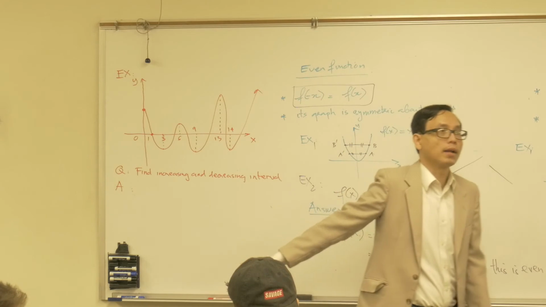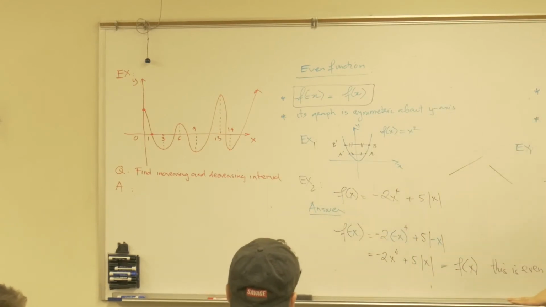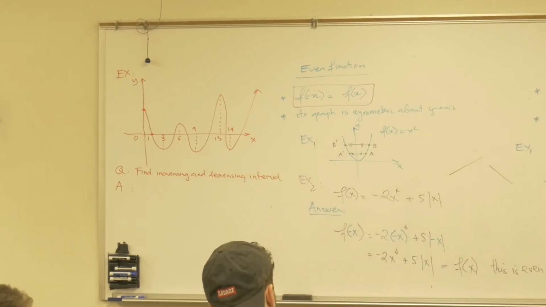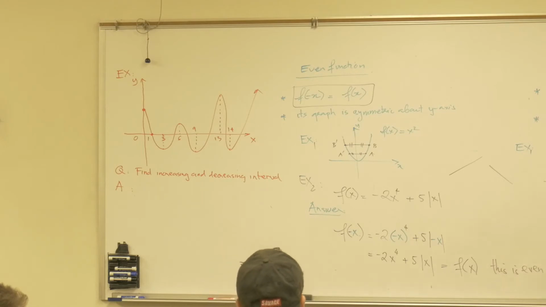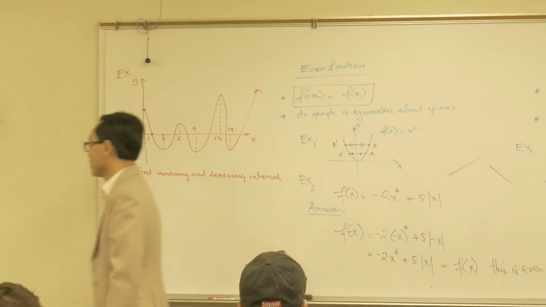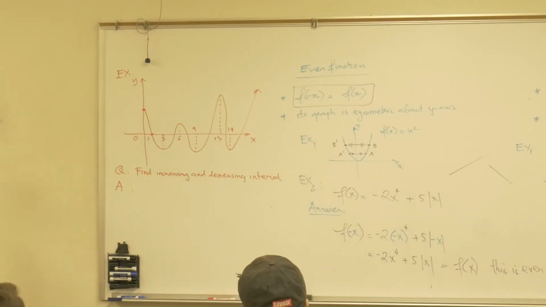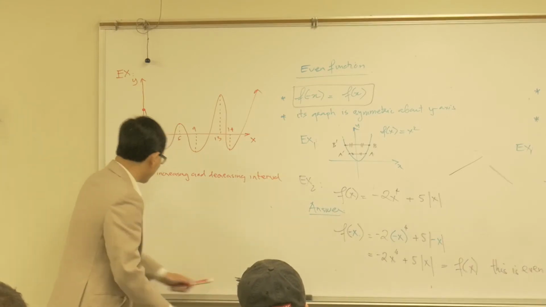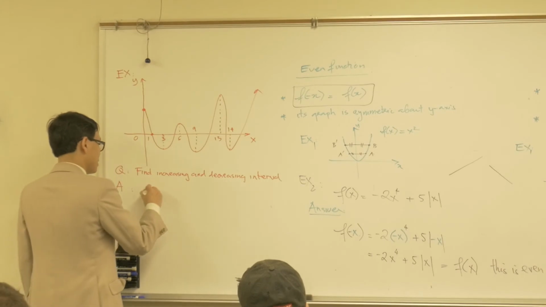So I know that this graph represents a function. I don't know what function, but I know it represents a function. So as long as I know it represents a function, then of course we can find domain, range, we can find increasing and decreasing interval. Alright, let's find increasing interval first.